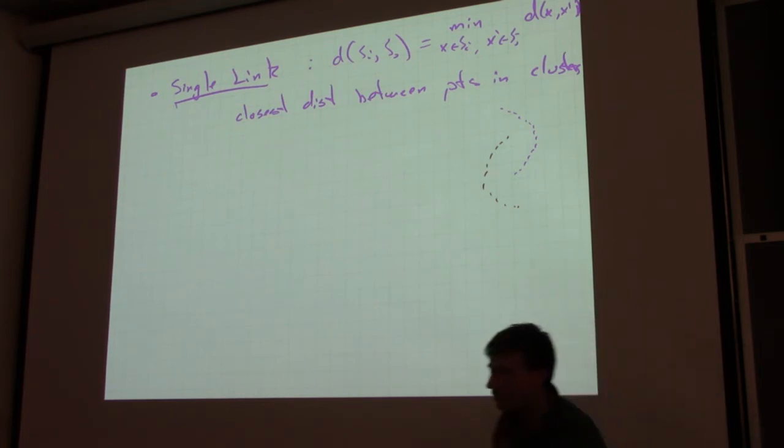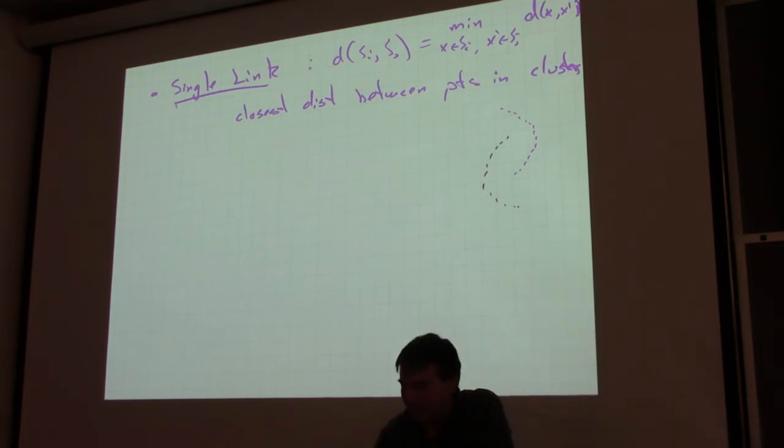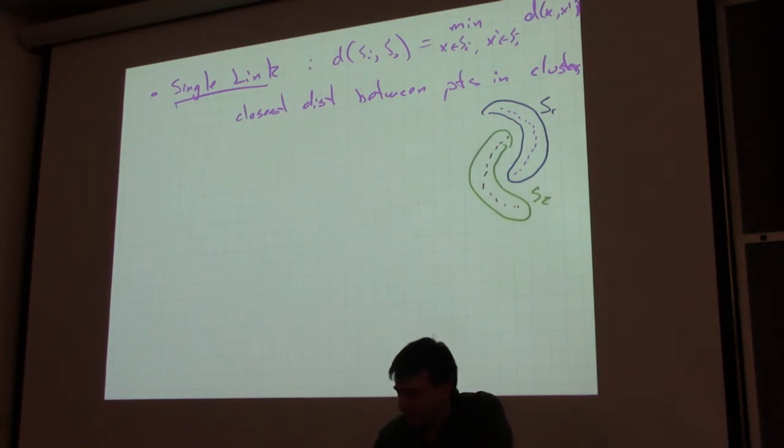They're all very close to each other, one wrapping around the other, but their regions don't intersect. So I want to find one cluster like this, S1, and then another cluster like this, S2. This is called the two moons example.